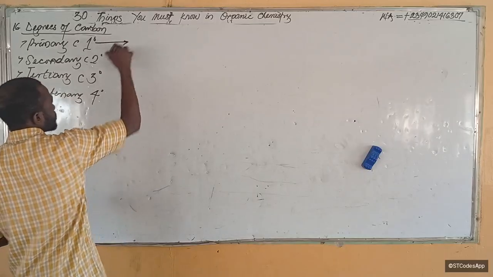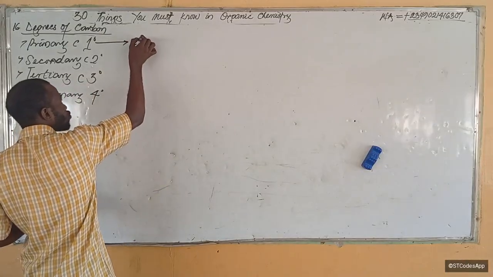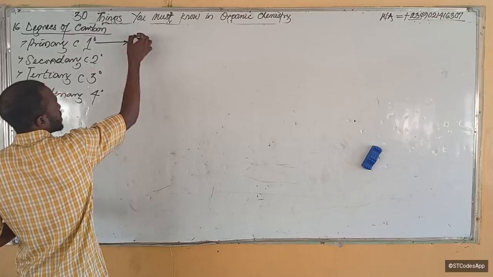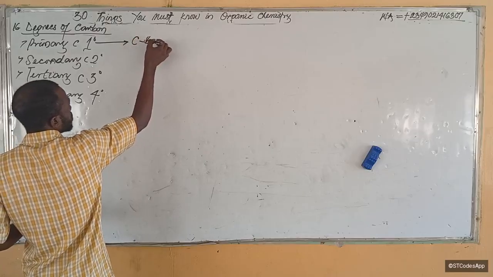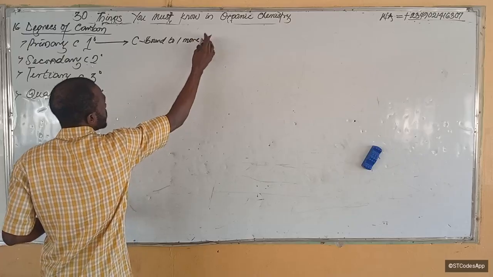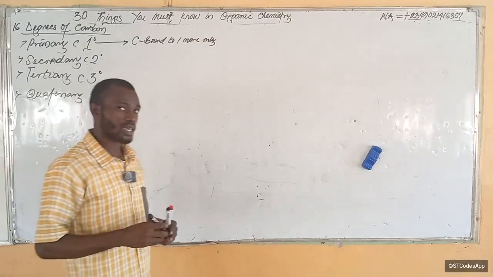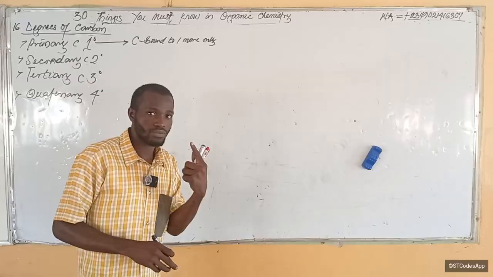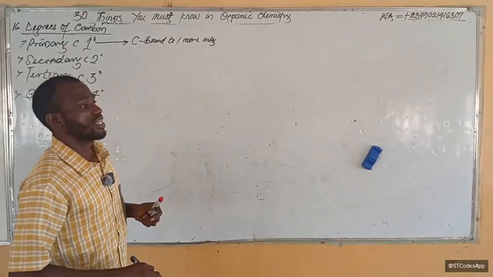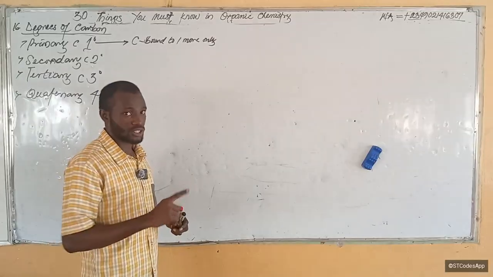Now, what do we mean by this? A primary carbon is a carbon that is bonded to 1 more carbon only. Then the rest are hydrogen. Is that okay? It is bound to only 1 carbon. Another way to think of a primary carbon is this. There is only 1 substitution. Every other thing is hydrogen.